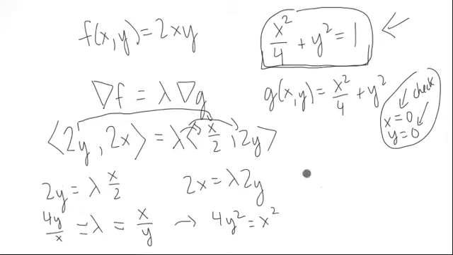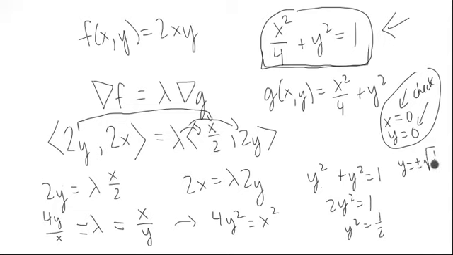So we end up getting just y squared, even after we cancel the 4's, plus y squared is equal to 1. So we get 2y squared is equal to 1, or y squared is equal to a half. That means y is equal to plus or minus the square root of a half. So basically, if these things are not true, then we must have this.